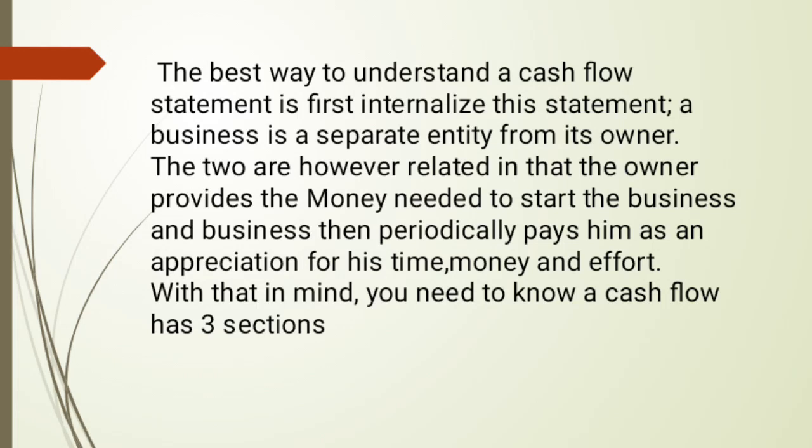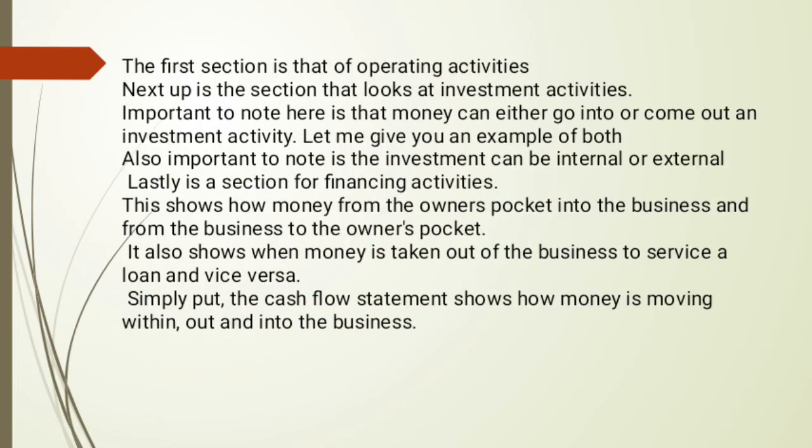With that in mind, you have to understand that a cash flow statement has three sections. The first section has operating activities. The second section has investment activities. Then we have a section for financing activities.